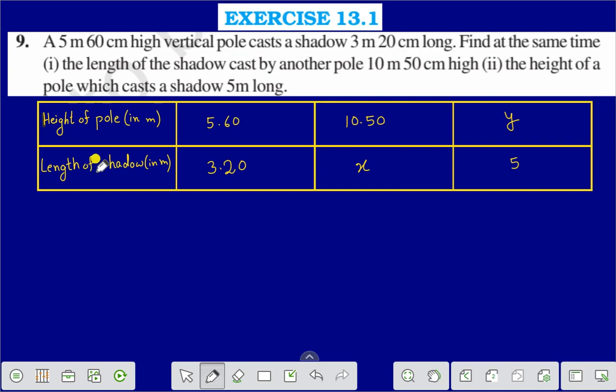Now you see here, when the height of the pole increases, the length of shadow will also increase. That means they are in direct proportion.